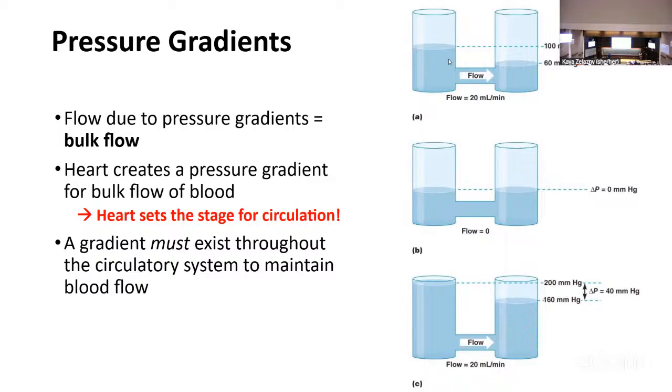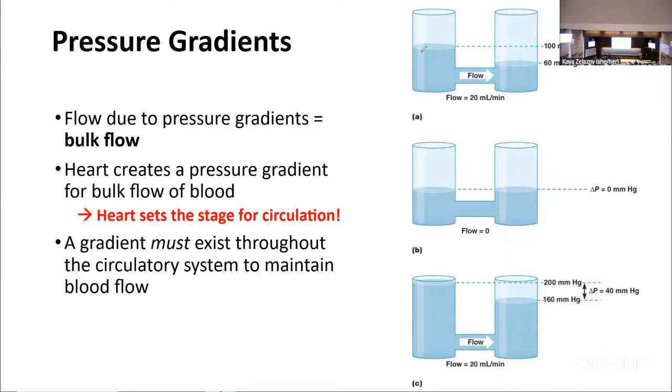We've just got columns of water here. Right? And we can see then these columns, these different amounts of water, you can think of them as, like if you were diving down to the bottom of the pool, right? You can feel the pressure is greater when you're deeper, right? So water exerts pressure.